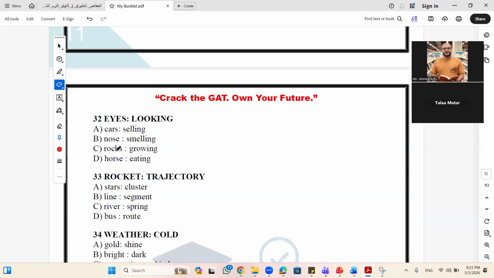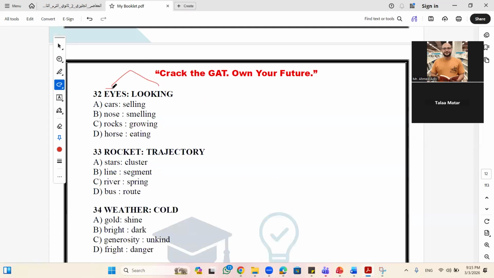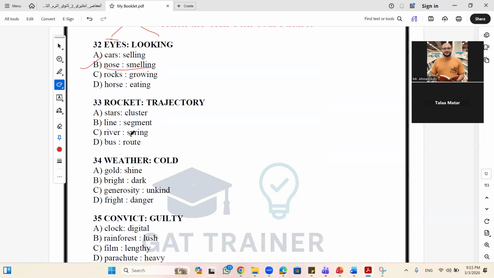Eyes and looking. So this is the object and its function. Nose and smelling. Perfect. Rocket and trajectory. Trajectory. You see the muscles, they have a specific trajectory.